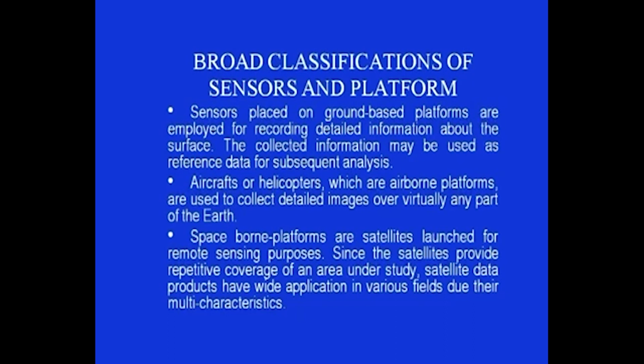Spaceborne platforms are satellites launched for remote sensing purposes. Since satellites provide repetitive coverage of an area under study, satellite data products have wide application in various fields due to their multi-spectral characteristics.